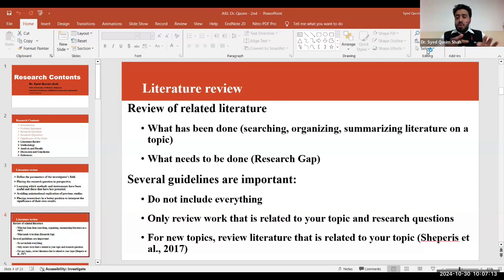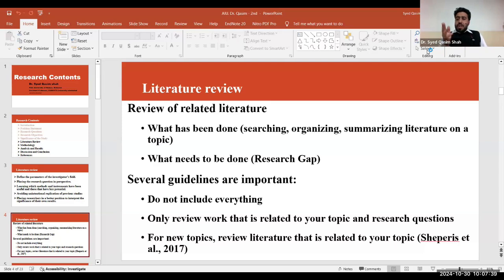Let's say social sustainability, the relationship of social responsibility, sustainability on growth or individual growth or something. This is the exact topic, the exact research question you are going to address. So only about that thing you are reviewing the work, and the rest is not relevant.